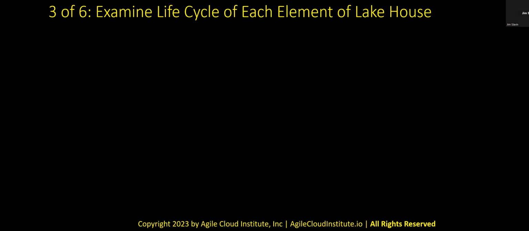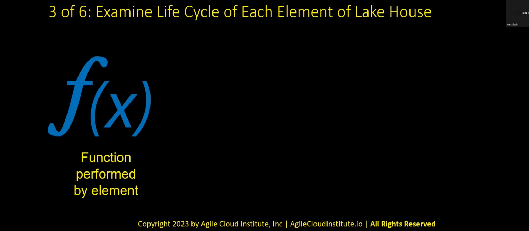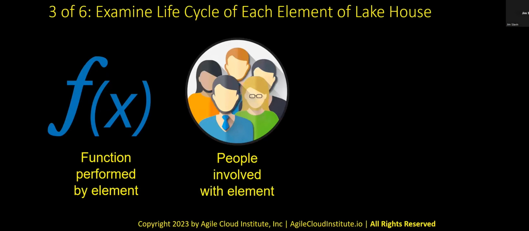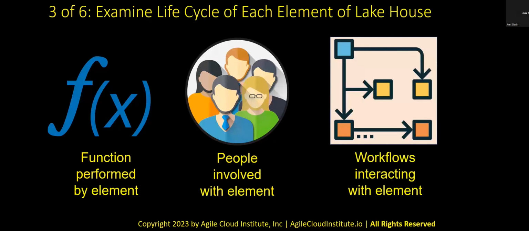The components of the data lakehouse will comprise the first column. The second column is where you will write down the functions that are performed using each of the components of the data lakehouse. The third column is where you can write down the people who are involved with each component of the data lakehouse. And the fourth column is where you can write down the workflows that are involved in each component of the data lakehouse.